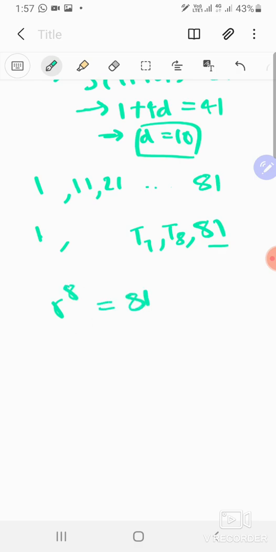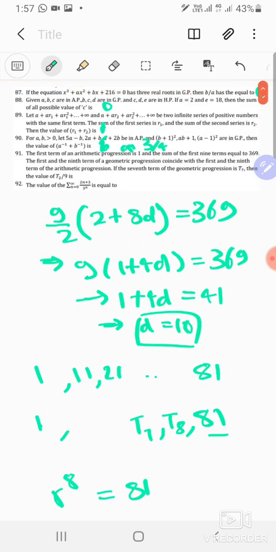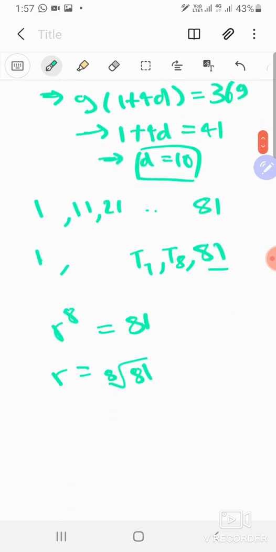So r is going to be the 8th root of 81, actually plus or minus of that. But it doesn't matter if it's positive or negative, because in any case we are going to get that r squared is a positive value. So r squared is the fourth root of this thing, so that will be 3, right?